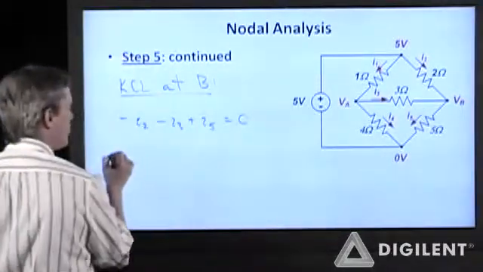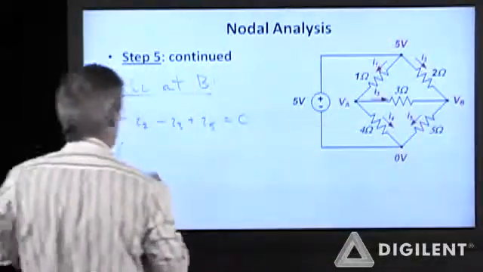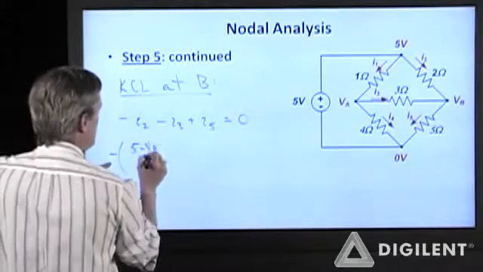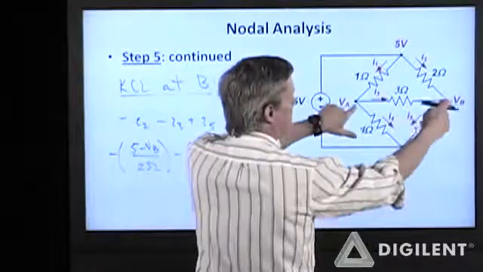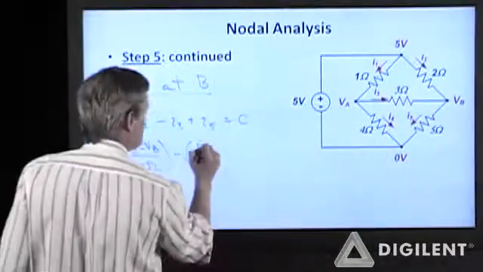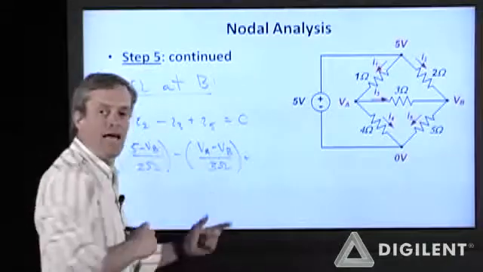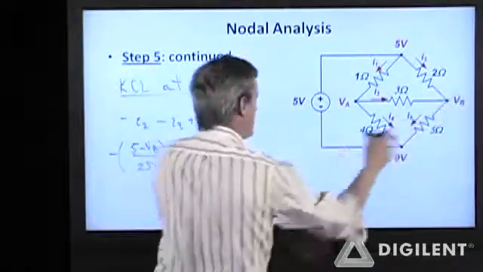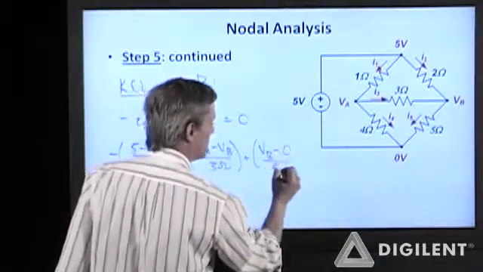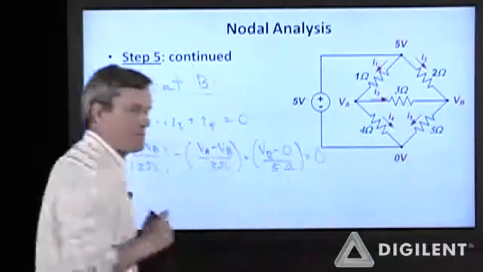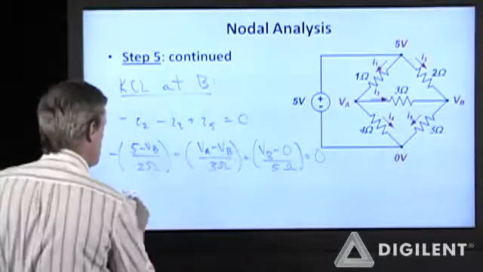Substituting in using Ohm's law, I2 is 5 minus VB over 2, so I have a minus 5 minus VB over 2 ohms. Minus I3 is VA minus VB over 3 ohms. Plus I5, which is VB minus 0 over 5 ohms. That's equal to 0.